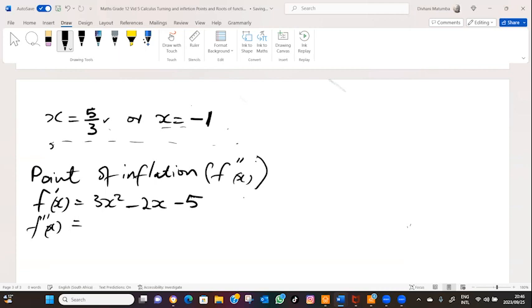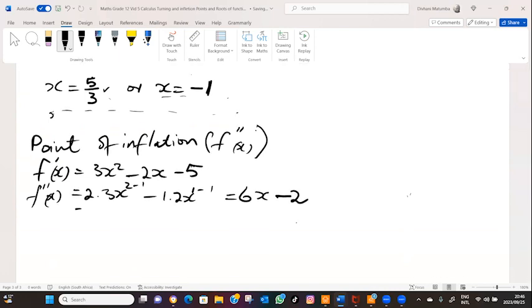We're going to have 2 times 3x to the power of 2 minus 1, minus 2x to the power of 1 minus 1, minus 0. This will be 6x minus 2.